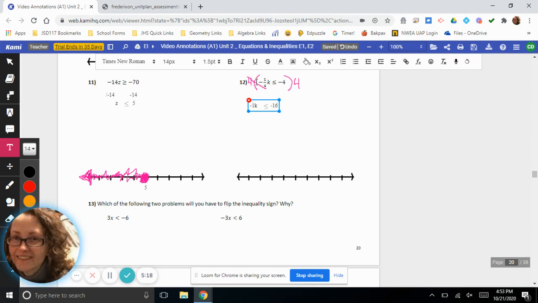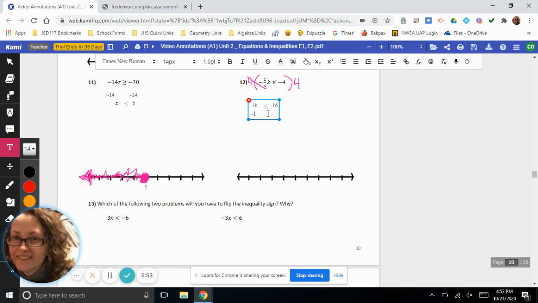So this was me just basically getting rid of my fractions so that I can move on with my life in this problem. So again, my multiplying by 4, dividing by 4 ended up canceling each other out. They ended up just becoming 1 together. So 1 times -1 gave me a -1k. Now, in order to finish solving, I'm going to have to divide by a -1.